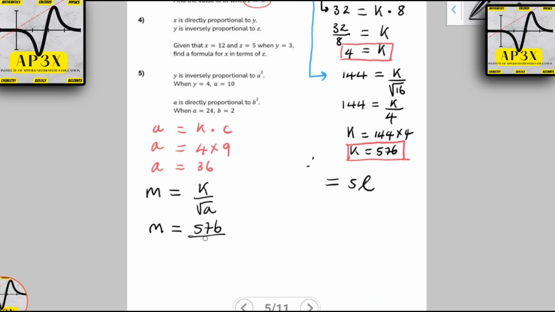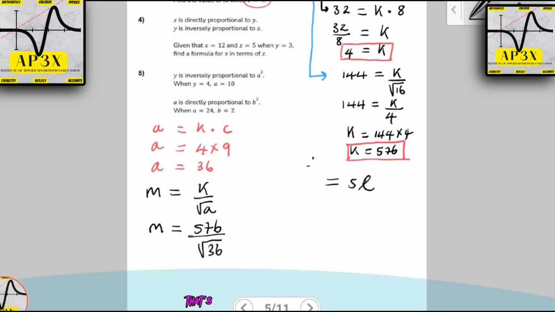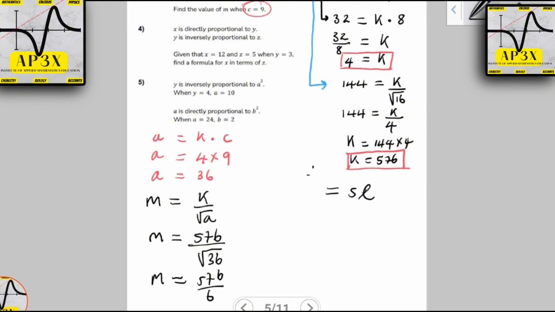So 576 divided by the square root of 36, which is 6. So 576 divided by 6 works out to be 96. Therefore M is equal to 96.